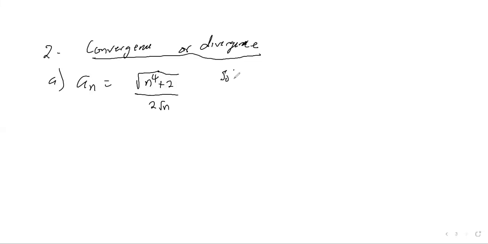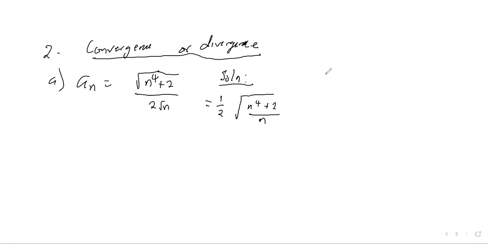So let's try if we are able. Of course, I can decide to write this as 1/2 and the root. You can combine the roots. The root of n^4 plus 2 over n.